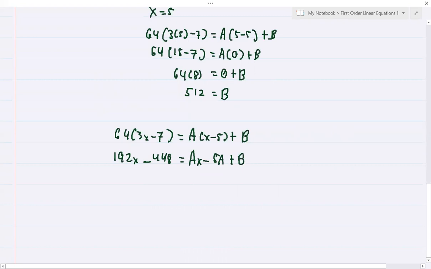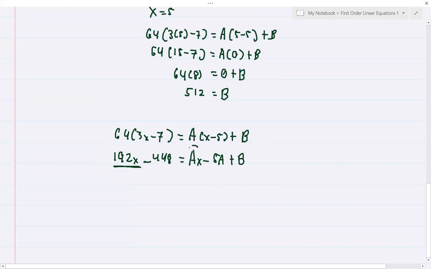Now let's relate. So remember, when I say relate, basically, what will be your similar terms on the left? You're going to equate it as well to your right side. For example, here, on your left side, we have 192x, right? If we have 192x, and this is the only term that has x, do you think on the right side, there's also a term that has x? The answer is yes.